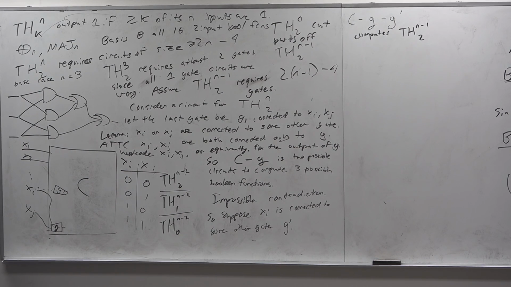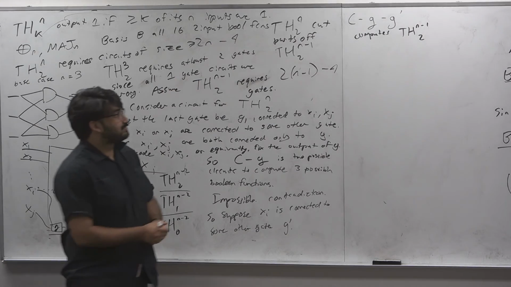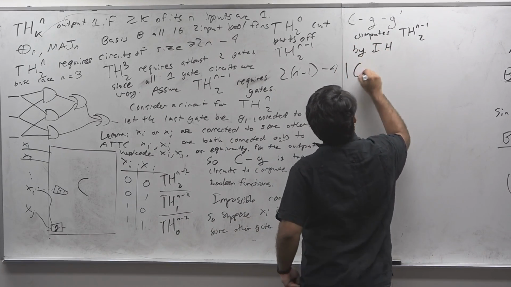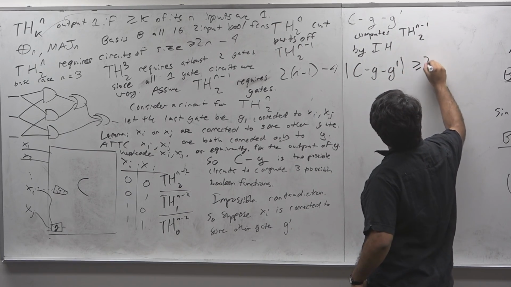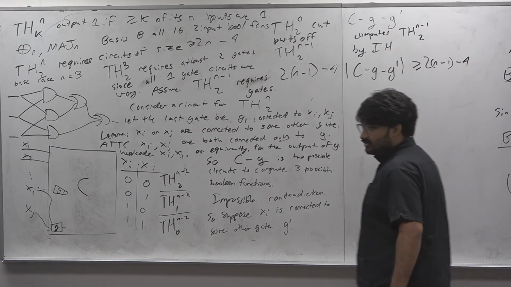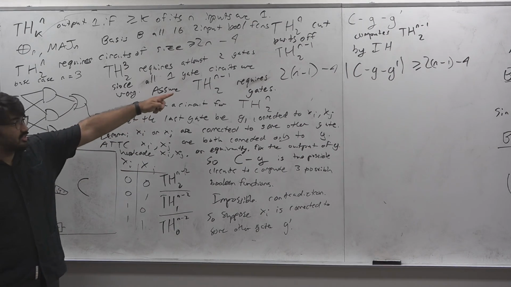It requires that one, yeah. 2 times n minus 1 is 4. By the induction hypothesis, this circuit must exceed 2 to the n minus 1 minus 4. Right? Any circuit that computes that function must exceed this size.